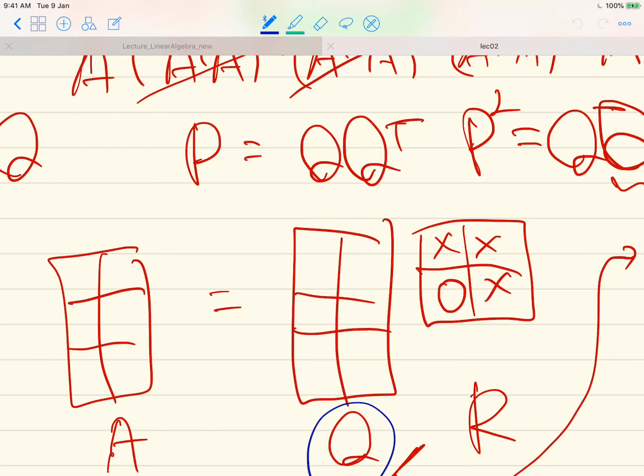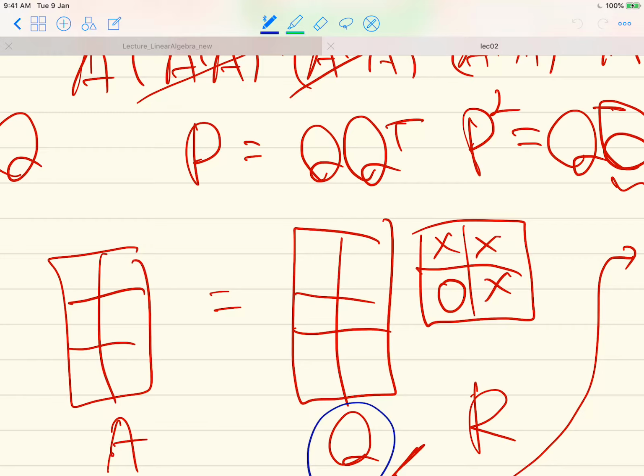A does not have orthonormal columns, but at least it has linearly independent columns, and thus A transpose A will be invertible. And in this particular case, our QR decomposition will have exactly this matrix shape.